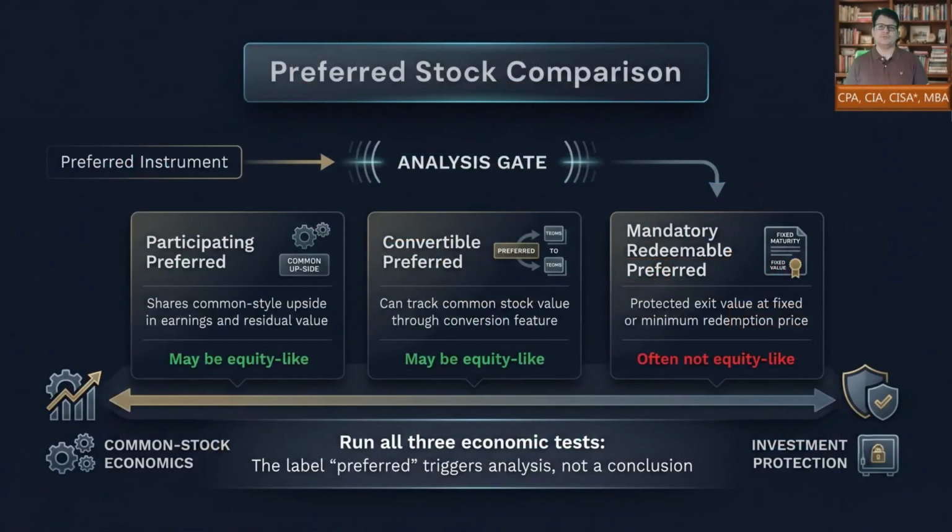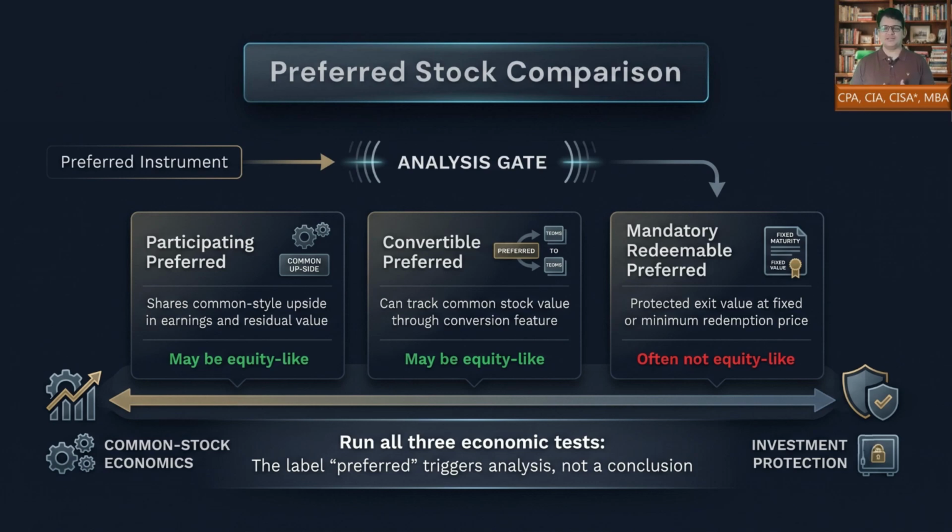Preferred stock is a perfect example of why legal form alone is not enough. Some preferred stock may participate in earnings and residual value in a way that resembles common stock. Convertible preferred stock may track common stock value because of its conversion feature.